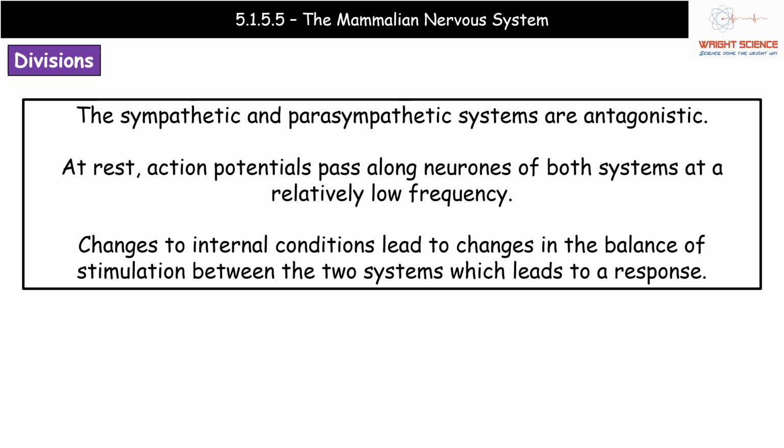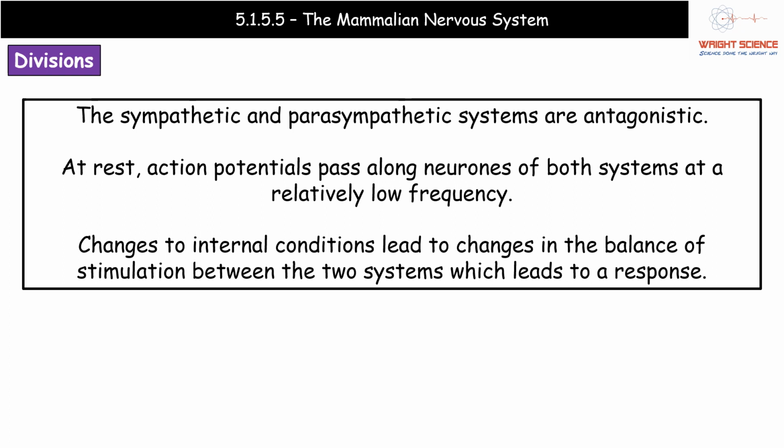Now, we've mentioned this autonomic nervous system is subdivided into the sympathetic and the parasympathetic systems. And these are actually antagonistic to one another. So what we're seeing are basically opposite actions in those two systems. So when we're at rest, the action potentials pass along neurons of both systems at a relatively low frequency.